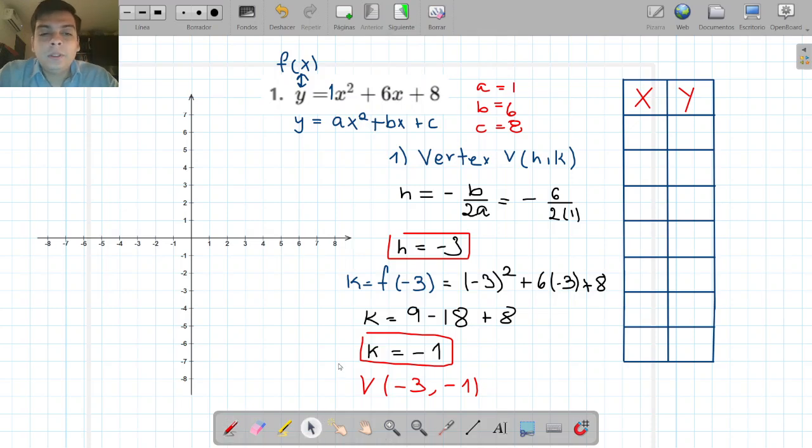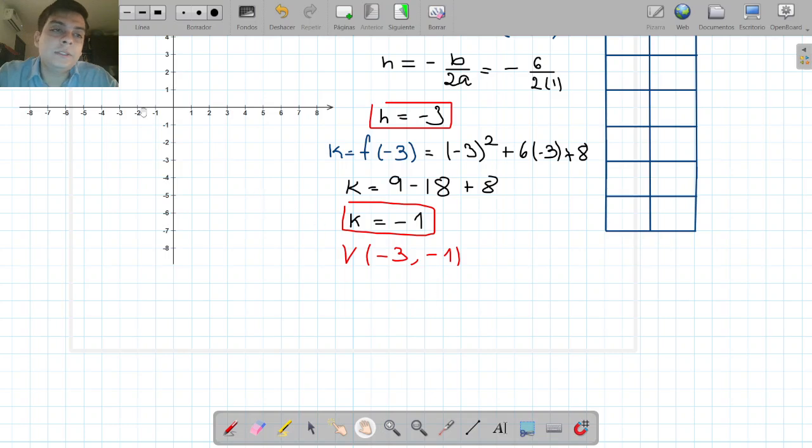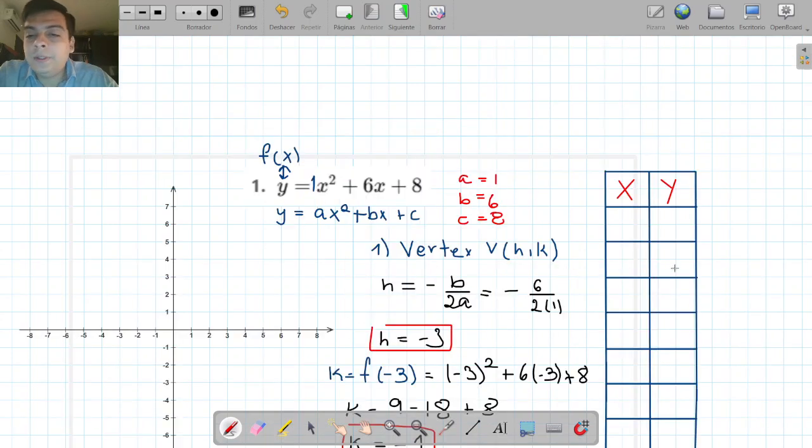Now, in the second step, we are going to write a table, which is here, and we are going to go two values before and two values after. What does it mean? It means that these coordinates are going to be in the middle of the table.